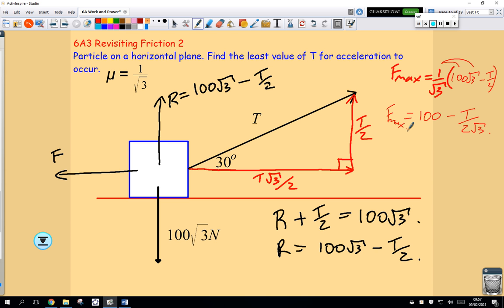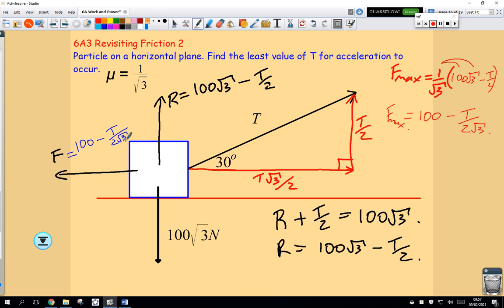For acceleration to occur, we've got to pull this rope with such a force that friction maxes out. So in order for acceleration to occur, friction has to reach its maximum: 100 subtract T over 2 root 3. So, when will acceleration occur?